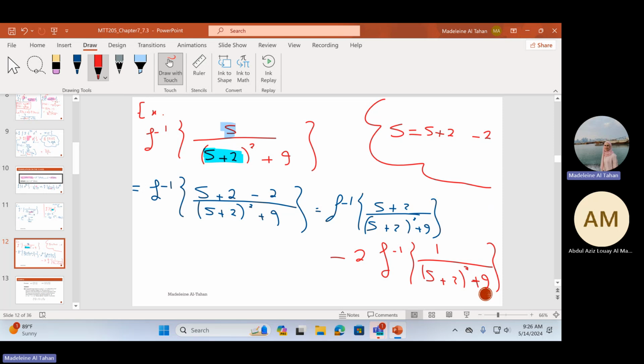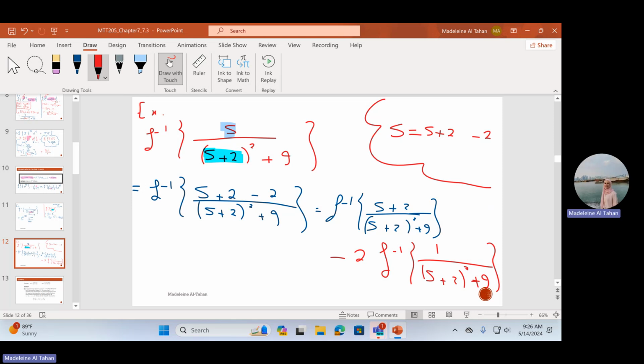Now for the first one and the second one, if we remove the 2, they remind us of what? The first one reminds us of cosine 3t, and the second one of sine 3t, or sine 3t over 3. In sine, we have k up, right? Please write this down, continue it, and we will discuss what happens.